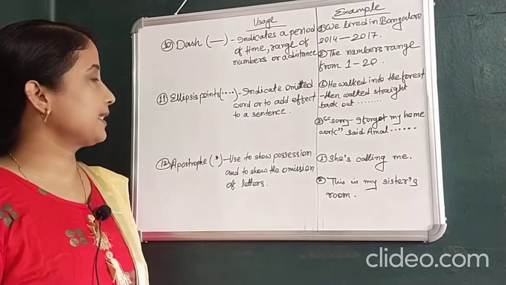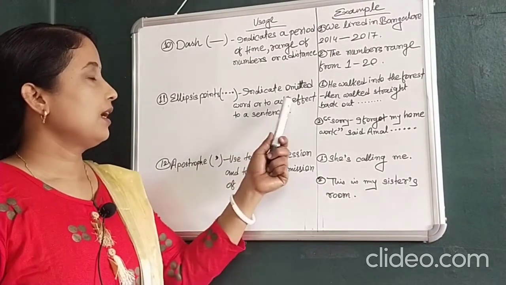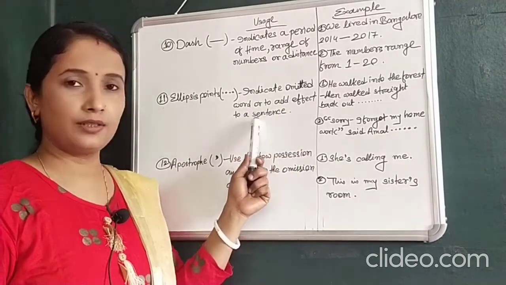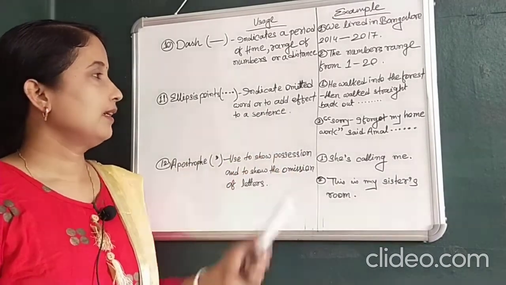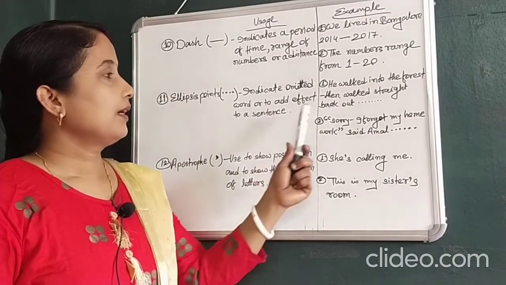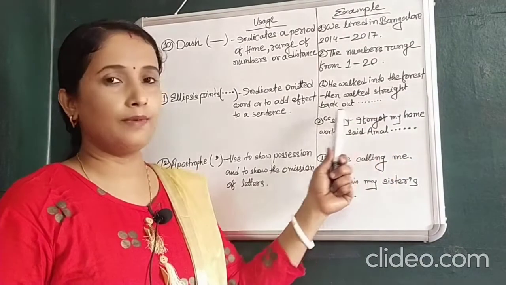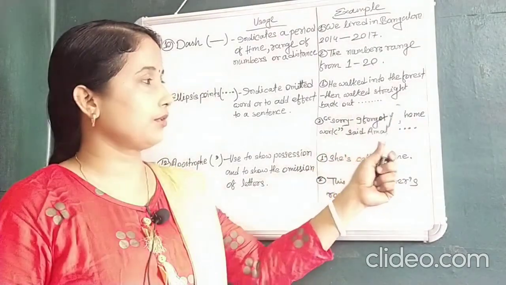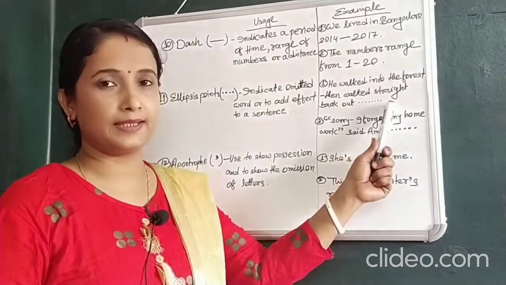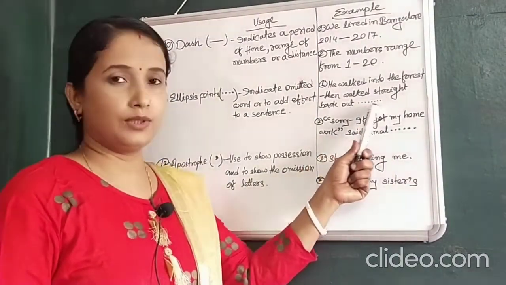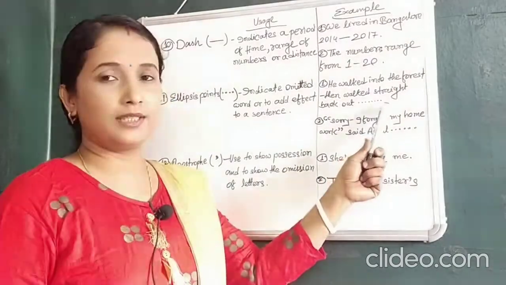Next punctuation mark is the ellipsis point, and this is the symbol of the ellipsis point. When we use an ellipsis point, it indicates omitted words or adds effect to a sentence. Let's say an example: he walked into the forest, then walked straight back out... Here is the ellipsis point. Here there may be many words, but these words are omitted.